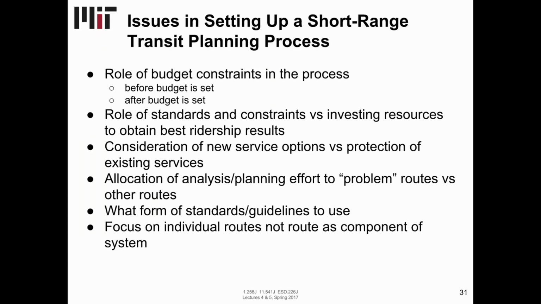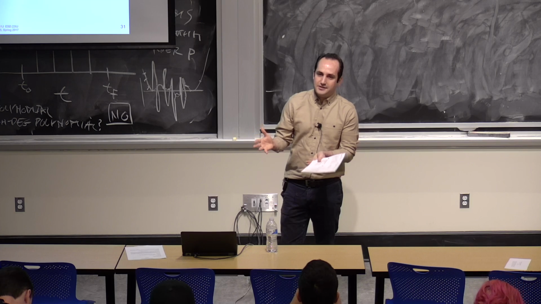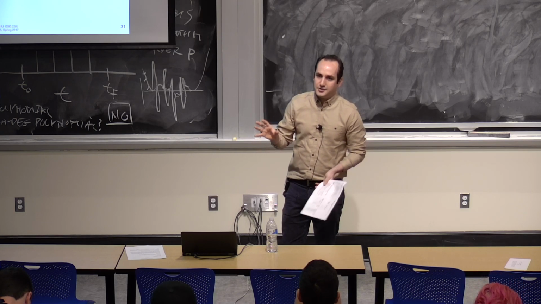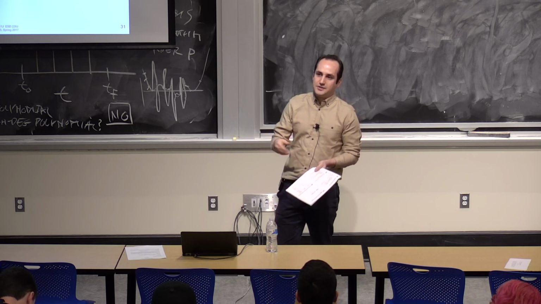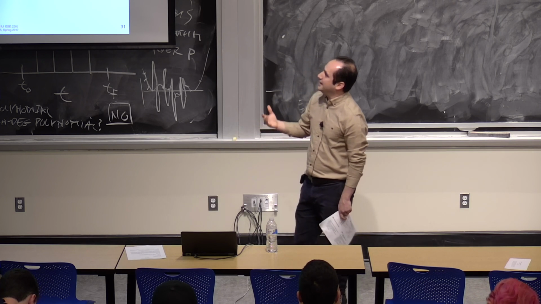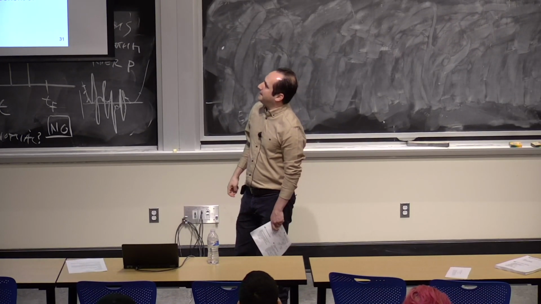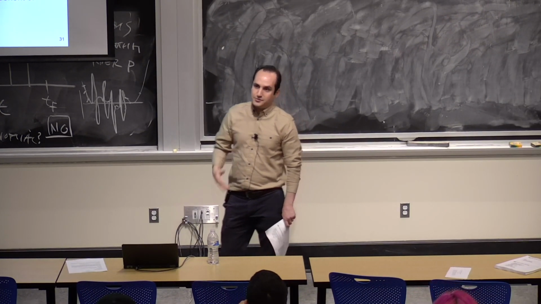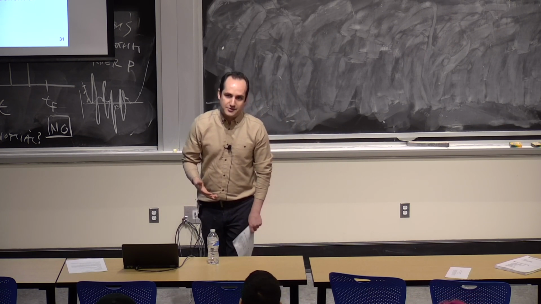However, these constraints only give us an idea of the feasible solution space. It doesn't really tell us what the optimal design is and how you can optimize the allocation of resources to improve ridership.